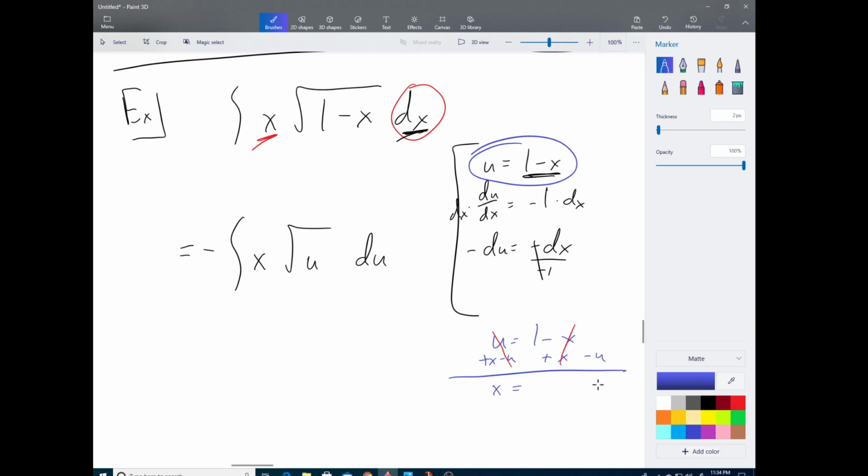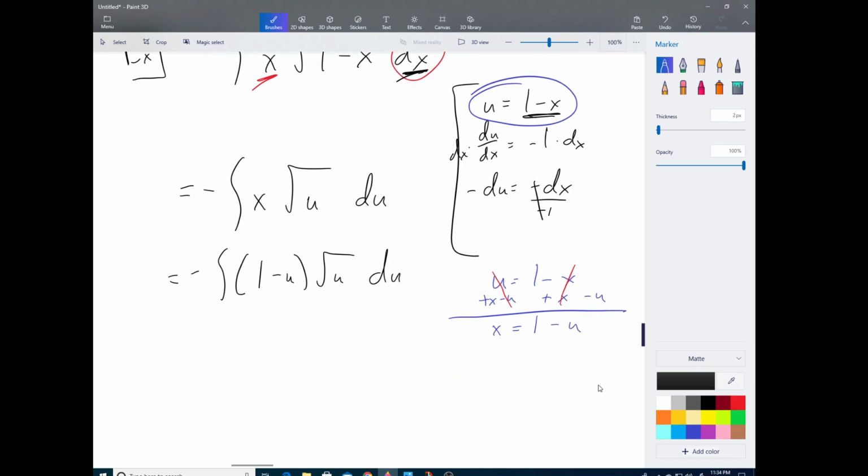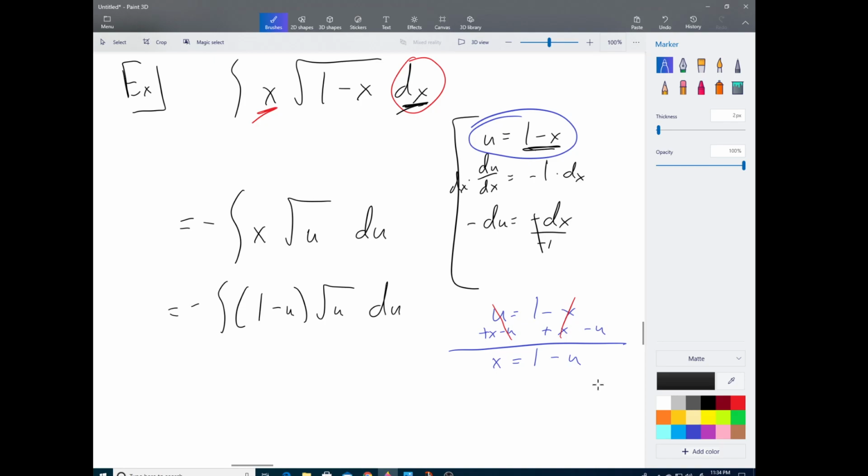And I get x is the same thing as 1 minus u. I'm going to substitute that fact in as well, because these problems are not possible to solve until your x's have all disappeared. That's as hard as these problems are going to get, by the way, for today's homework. I do need to clarify that.